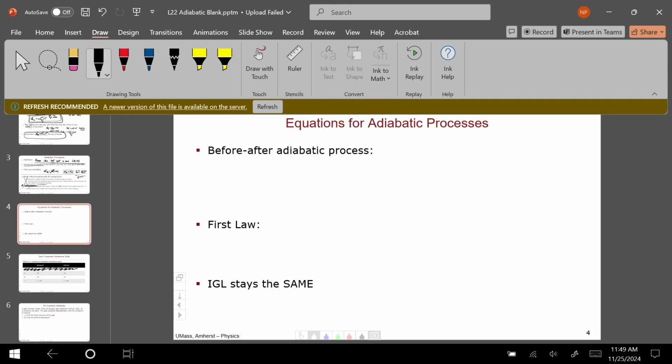Okay, so here I will give you the main equations for adiabatic processes. There's only really two. Just as a contrast, on the right over here, I'll write for isothermal, we normally have Boyle's law, P initial V initial equals P final V final. That's for an isothermal process. In contrast, for an adiabatic process, we have this similar looking equation, but there's this exponent up here, gamma.